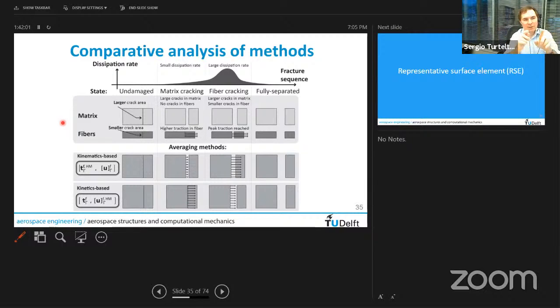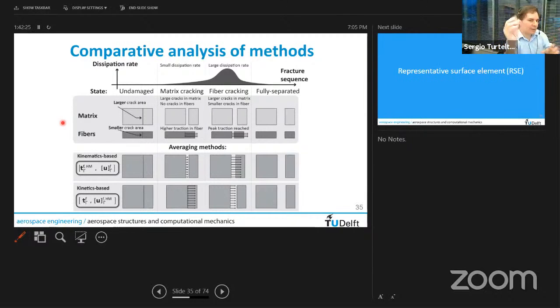It's a bit like in one case we take an average, but we're not connecting it to the right phase. So the average of the kinematics is on the matrix side. So the crack opening is mostly because of the matrix, the cracks in the matrix.